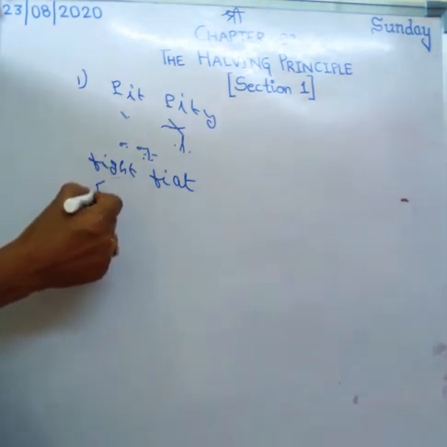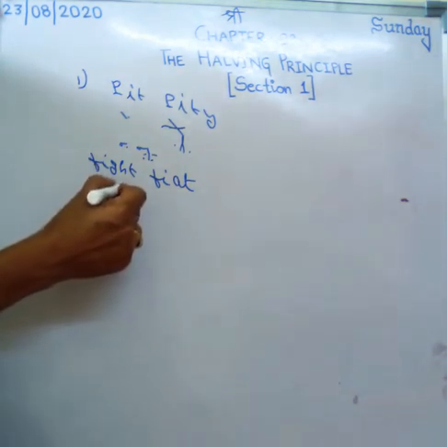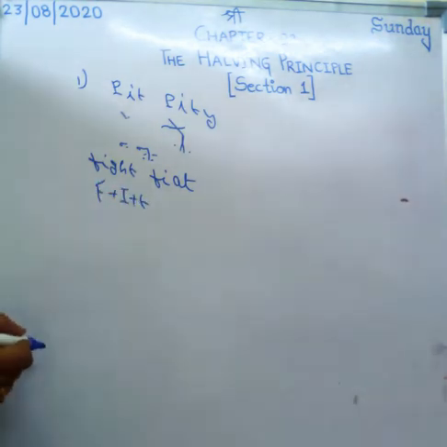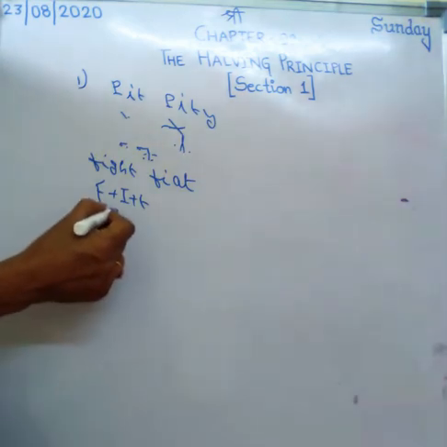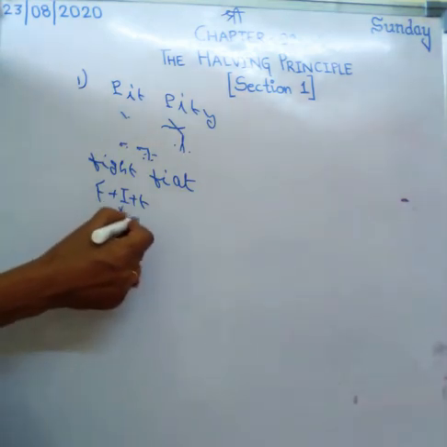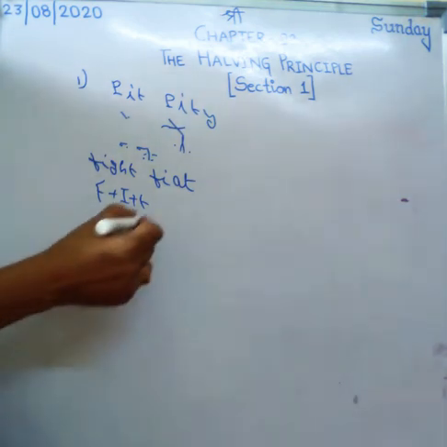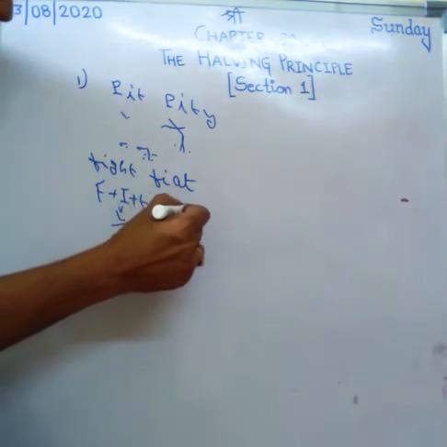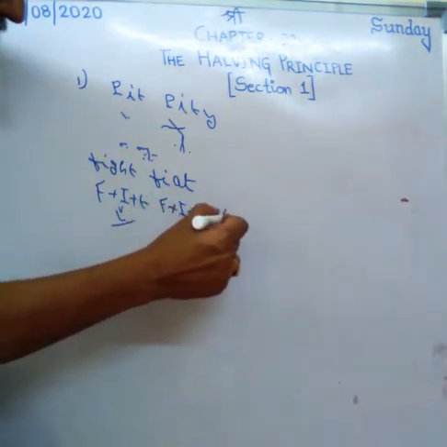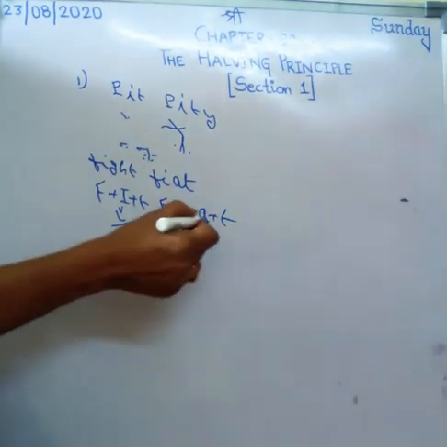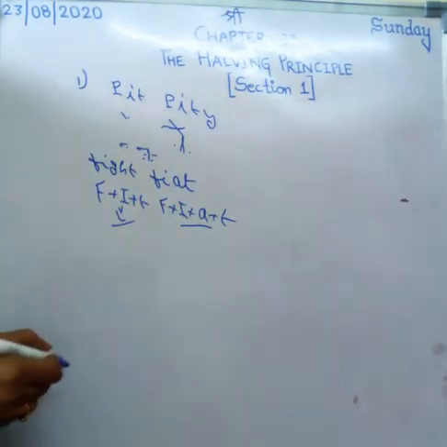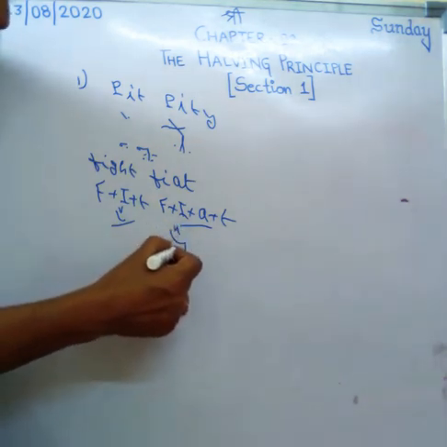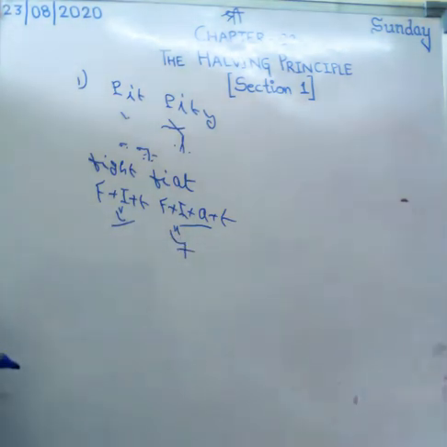Fight, here the sound is F plus I plus T. Here before T, there is only a diphthong, not a triphone. Here you can employ Halving principle. F, I diphthong, the sound of T is added. But in case of fiat, F plus I plus A plus T. Here before T, there is a triphone. Here you cannot employ Halving principle. In that case, you have to write F and T in full. You cannot employ Halving principle.